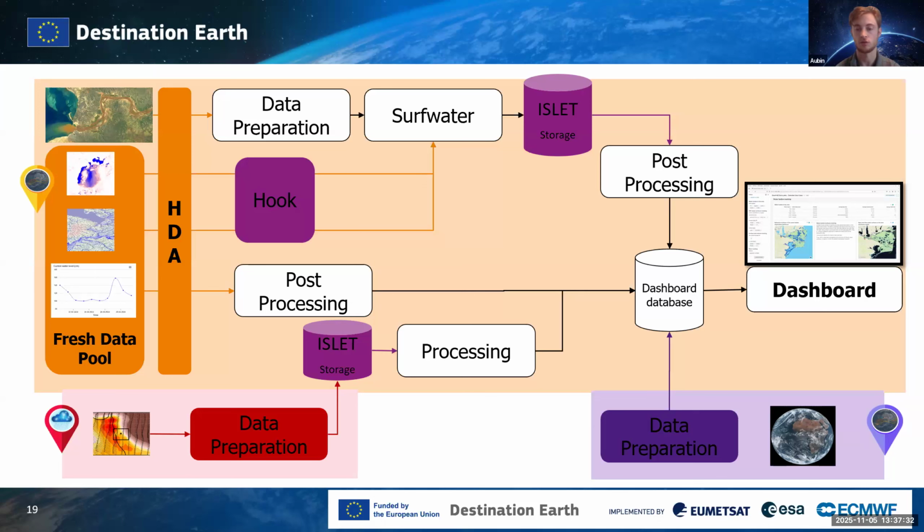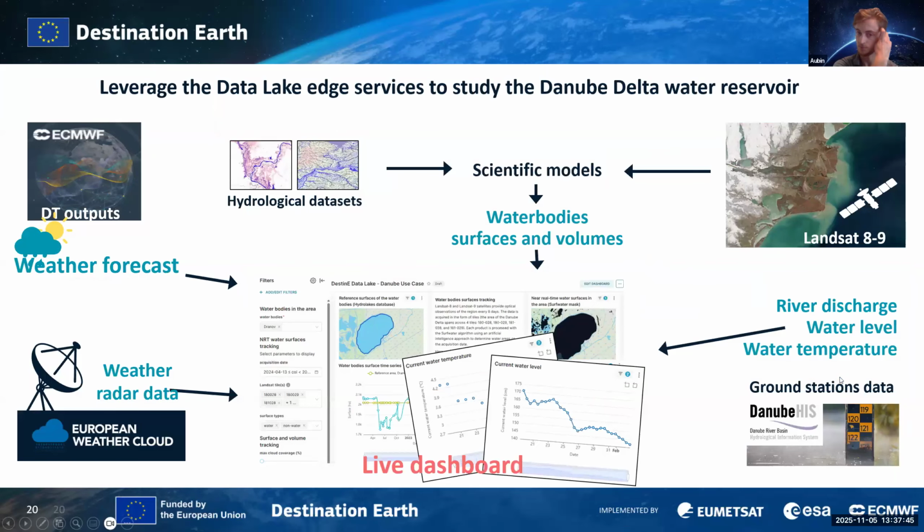The last one that we used is the DT climate adaptation, the one that Patrick showed you just before with the DT outputs. Everything served to feed a dashboard with which you can monitor in real time the situation of the Danube Delta.